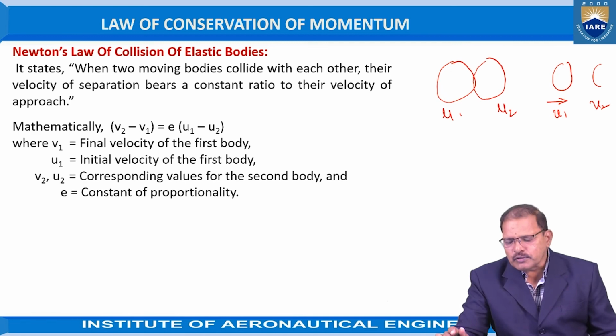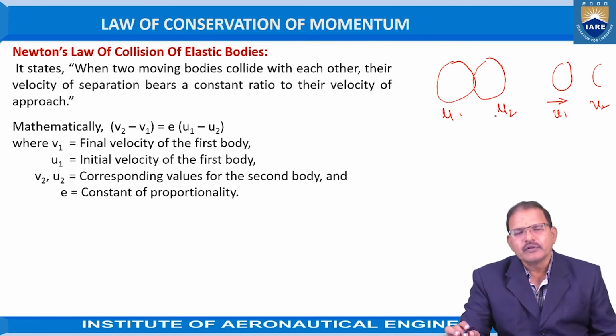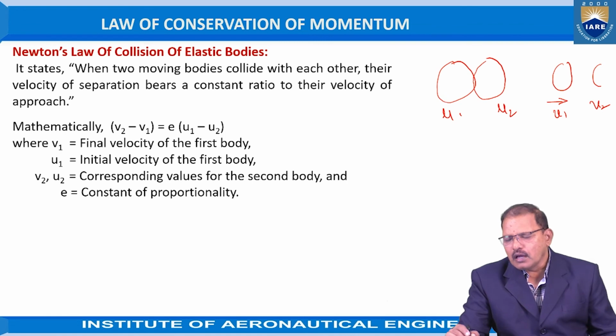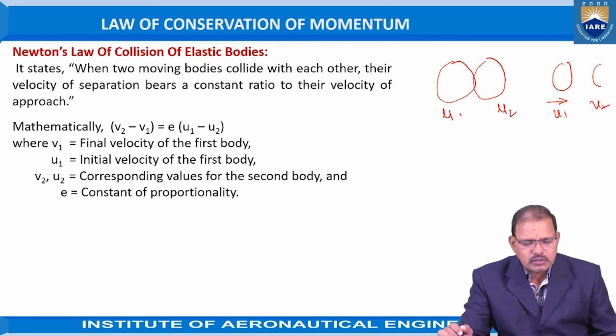The velocity of approach is given by the difference of velocities of the two bodies before impact, that is u2 minus u1, and v1 minus v2, the difference of these two, is treated as the velocity of separation. According to Newton's law of collision, the velocity of separation is always in a constant ratio with the velocity of approach.